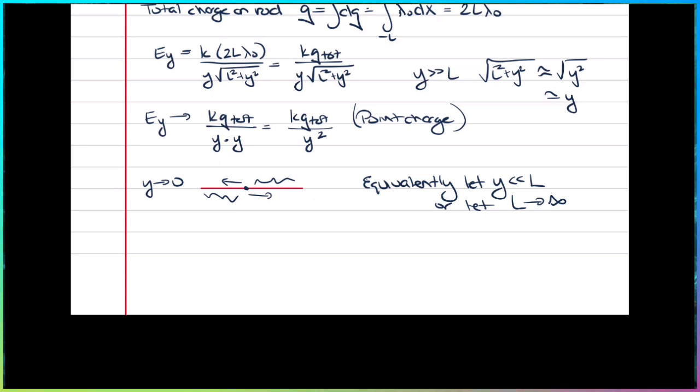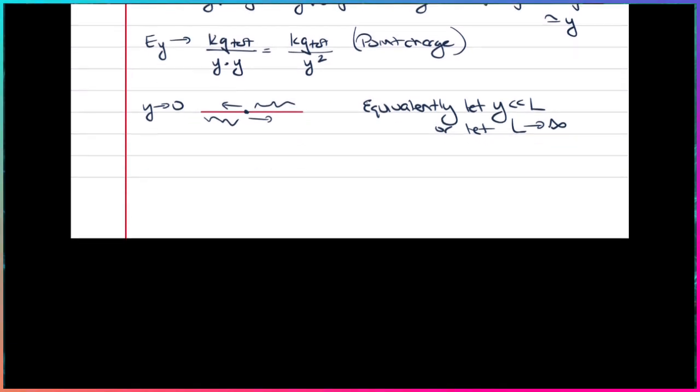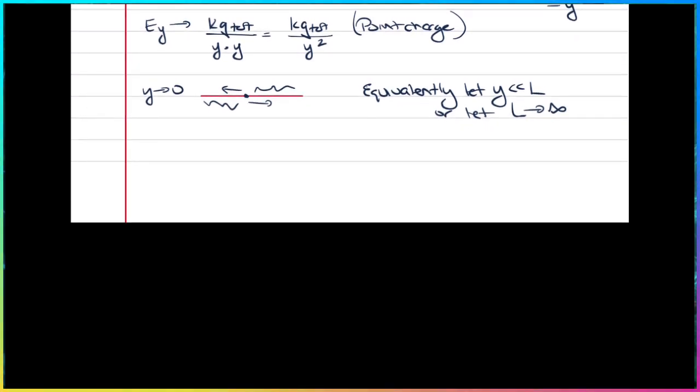If our nose is about to touch the wall, we're so close, essentially the wall takes up our entire field of view. So it looks essentially like it expands forever in all directions. So essentially, we could think of this as either letting y be absurdly small or letting L get absurdly big, right? You have a very, very long wire.